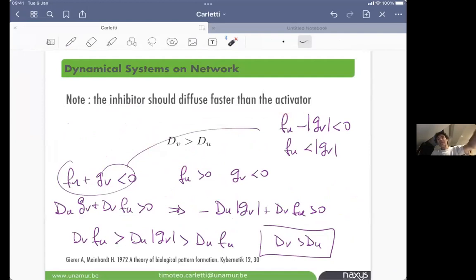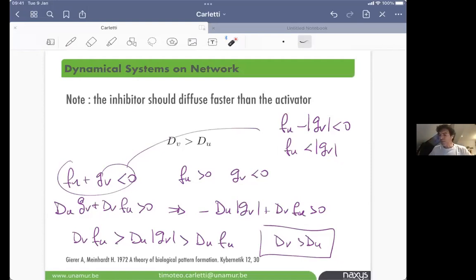The fact that it inhibits creates an absence, a void in some sense. And this creates this patchy distribution because the activator is able to produce, but it goes very slowly, so it will not have time to reach the inhibitor and create a gain. And so this creates this patchy solution in space.